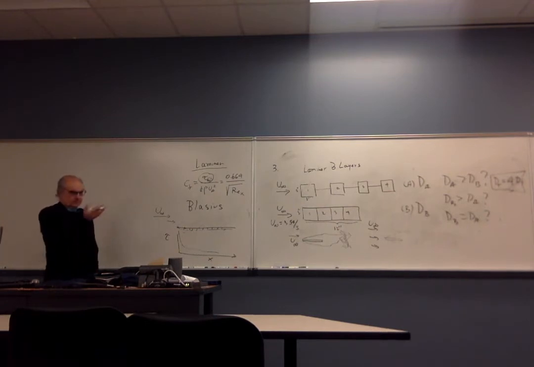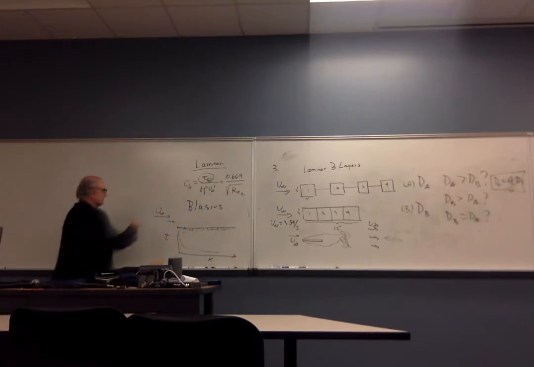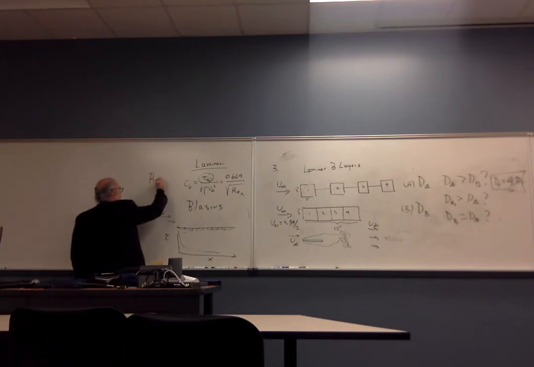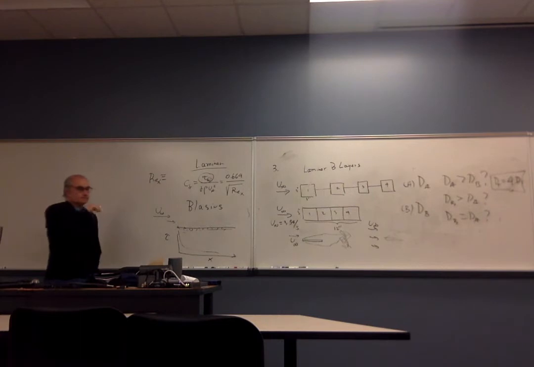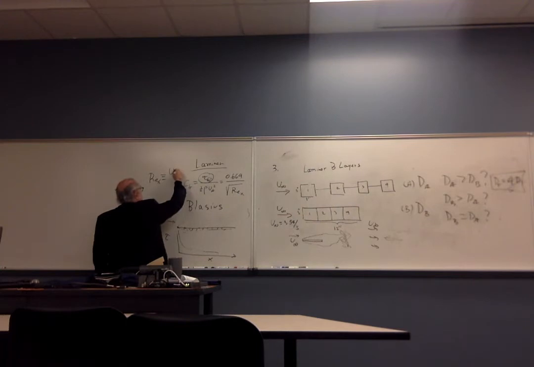Well, you sort of know that, but how can we use this equation to tell us that? What is the Reynolds number sub x? How is that defined? Right. U infinity x over the kinematic viscosity is correct.